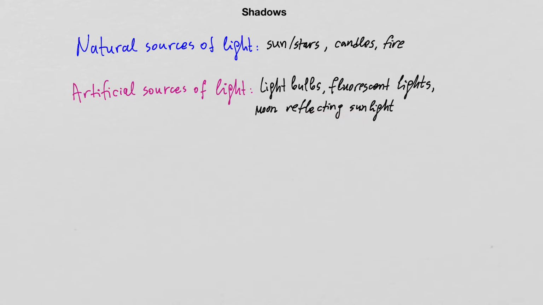So natural sources of light produce their own light, and artificial sources of light cannot produce their own light. They are working on some other principle that results in production of light. Shadows are formed by blocking the light from a source and thus forming an image of the shape of the object on a screen.